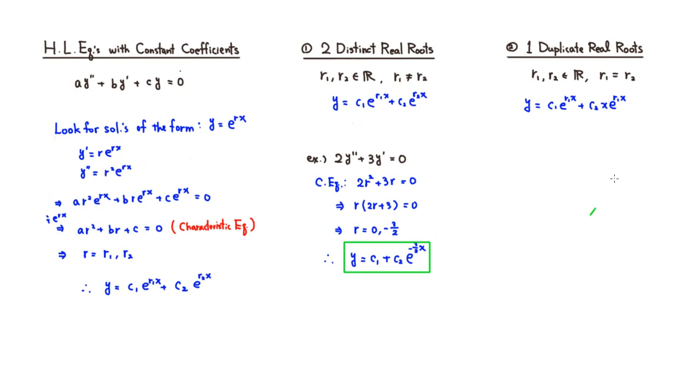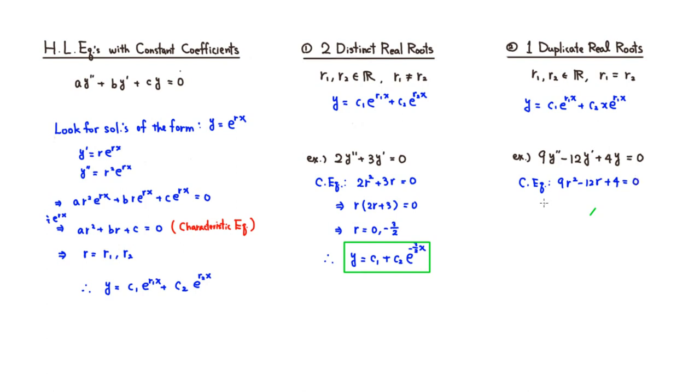Let's look at the following example. If you turn this into a characteristic equation, you get 9 r squared minus 12 r plus 4 equals 0.